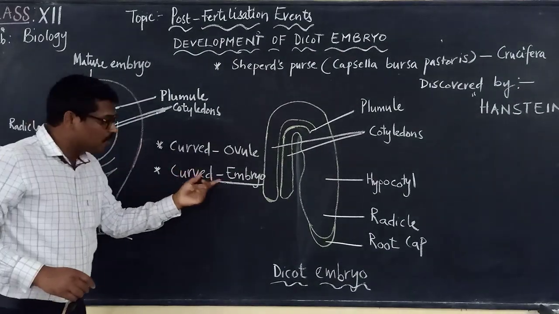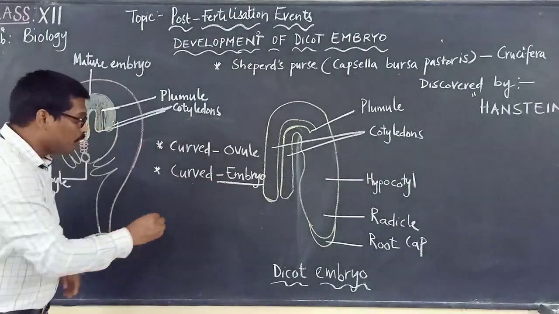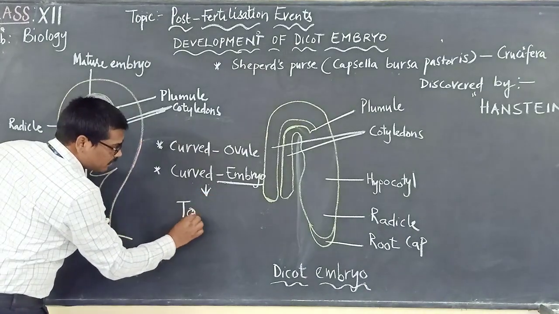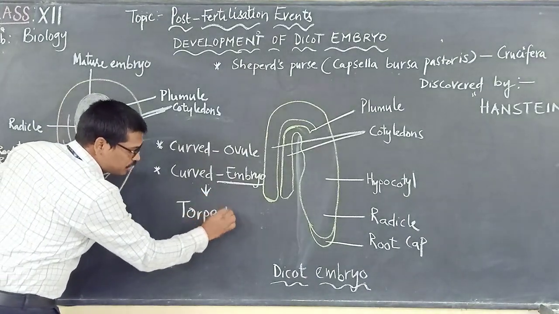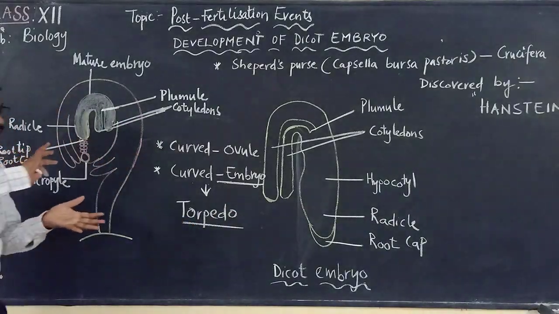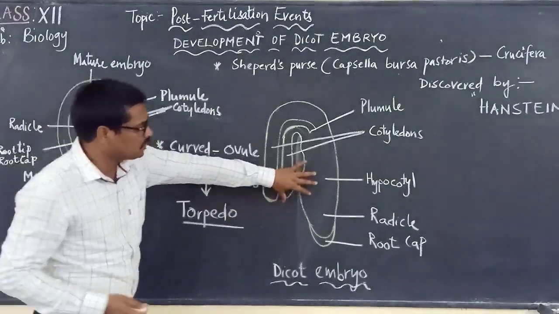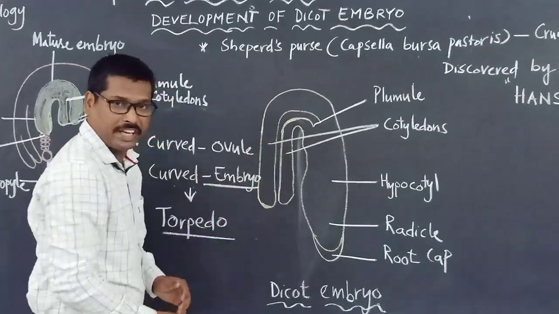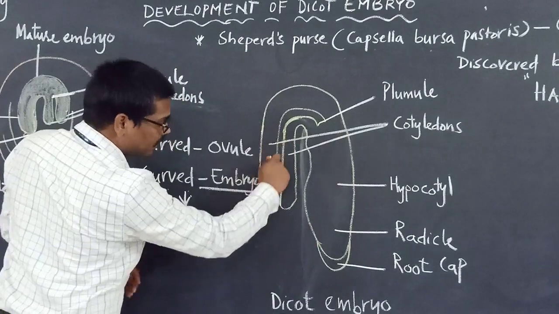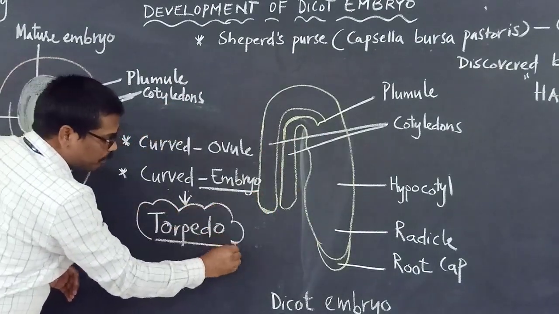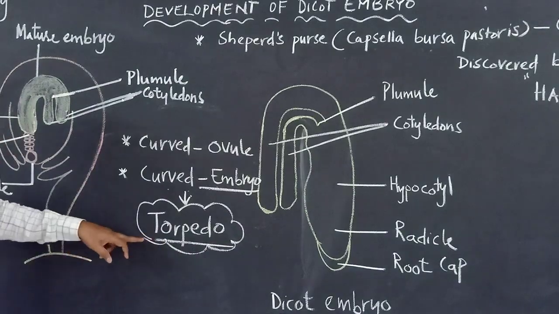When the embryo appears curved in shape, we use the term torpedo. This is an important one. For a mature embryo which appears in a curved shape, this is the actual diagram showing the curved embryo.